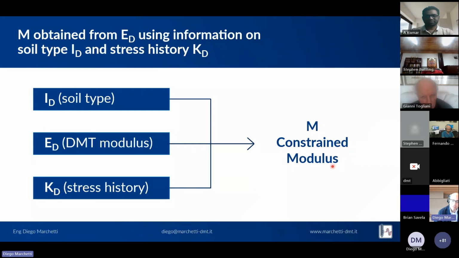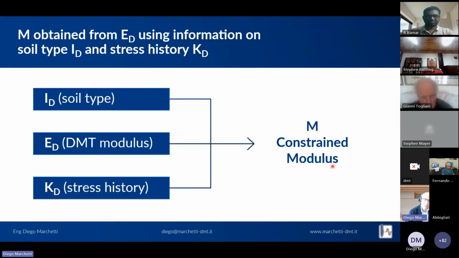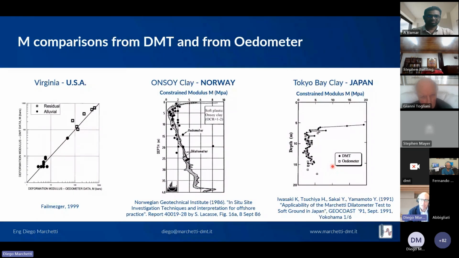modulus M using the formula that Professor Marchetti proposed, going into many research test sites and finding the appropriate correlation. There are many publications in literature showing excellent agreement between odometer data and dilatometer modulus. This is an example in 3 different continents: in USA, showing good agreement; in Norway, in the research site of the NGI Institute.